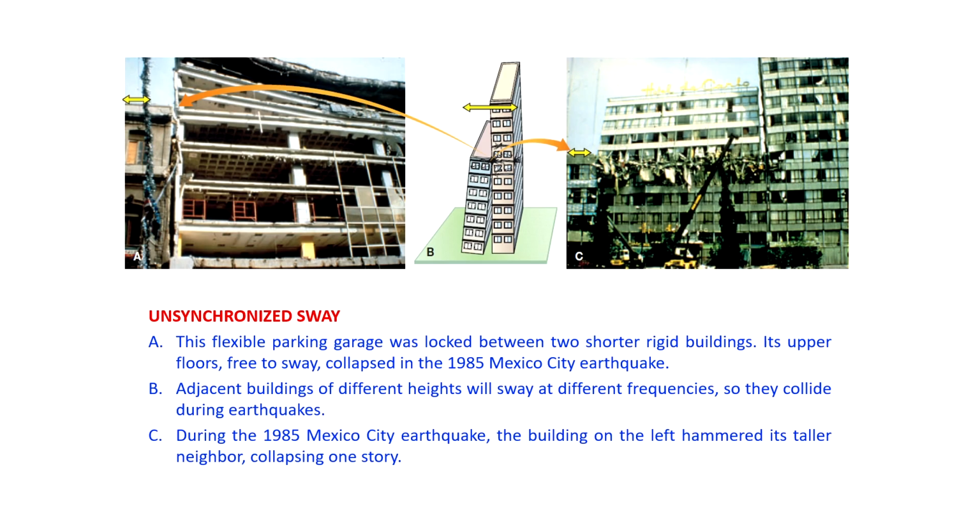This is an example from the 1985 Mexico City earthquake, where the shorter buildings have less sway and the taller buildings have more sway. If that distance is not maintained, you will see what we call the pounding effect. They crashed into one another.